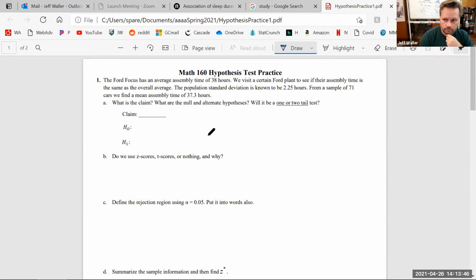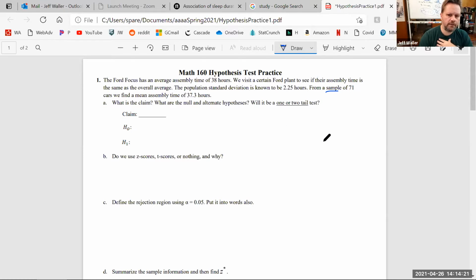The mean assembly time is 37.3 hours. No. It's not a claim. That's something we found in a sample, right? I don't have to claim anything about that because I can just see the sample time is 37.3. Why did we go to this Ford plant? Well, we were going there to test. Why did we go? To see if their assembly line time is the same as the overall average.